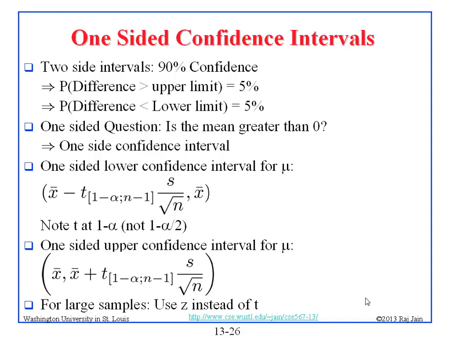For example, if you want the lower side, then you put all of alpha on the lower side. So instead of alpha by 2, you have alpha. When you want 90% one-sided, you put 0.9, not 0.95, and so you don't divide by 2. Similarly, if you want the upper side, then you put plus, and you leave it there.